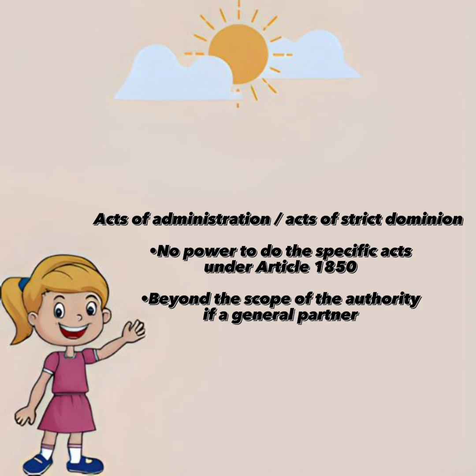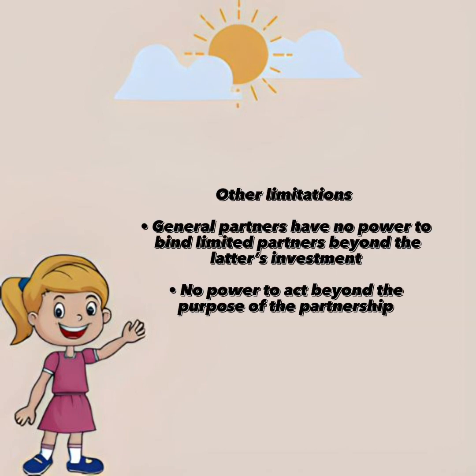No power to do the specific acts under Article 1850 beyond the scope of the authority. Other limitations: general partners have no power to bind limited partners beyond the latter's investment. No power to act beyond the purpose of the partnership.